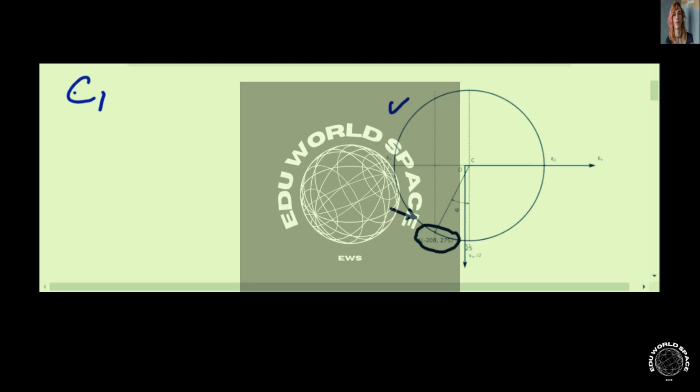Now the principal strain is equal to the origin plus the radius, that is 25 plus 355.32 into 10 raised to power negative 6, right?